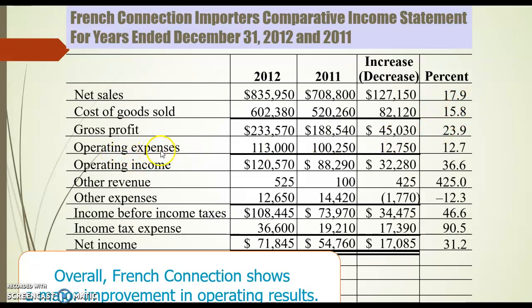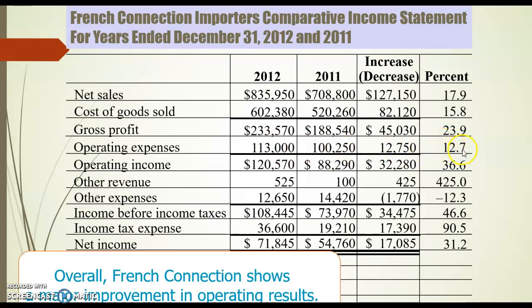Our operating expenses are our office-related expenses, selling and administrative expenses, and that increased as well, which you would expect. If sales are going to go up, we got more customers, we need to spend more money on personnel, overtime and stuff to work on stuff in the office, and so we expect that to go up.